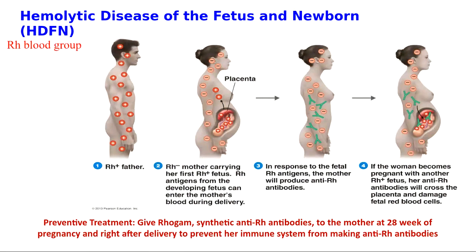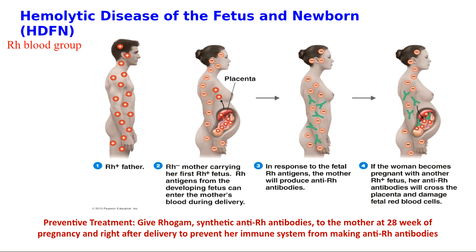But if she happens to get pregnant again and that fetus is Rh positive, or has a D antigen, then she already has the anti-D that she made from the previous pregnancy, and that anti-D, because it's IgG, can cross the placenta, and those antibodies can attach to the fetal red blood cells and destroy them. And then the fetus will go through a hemolytic disease. It's called hemolytic disease of the fetus and newborn because it can happen during gestation or after birth.